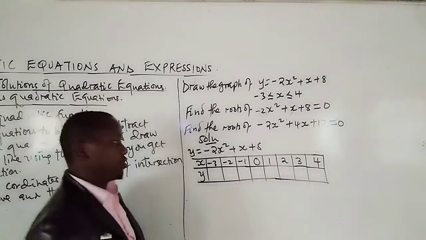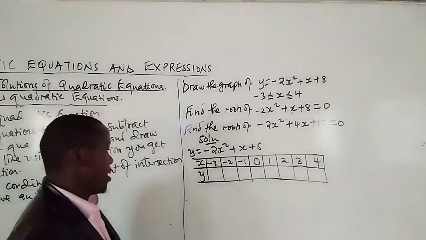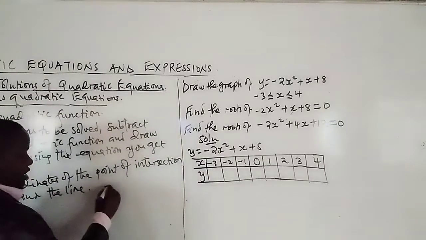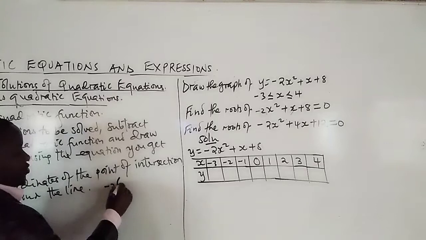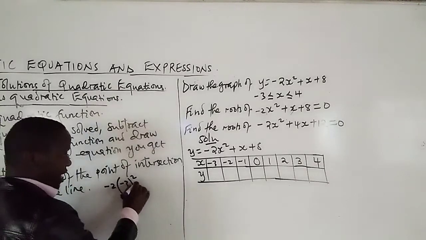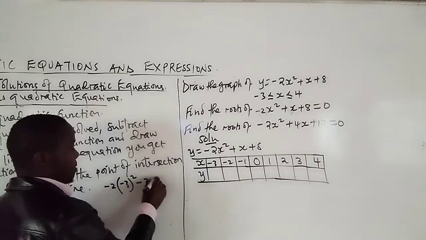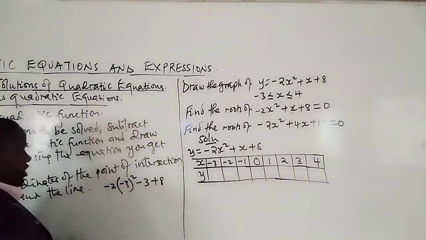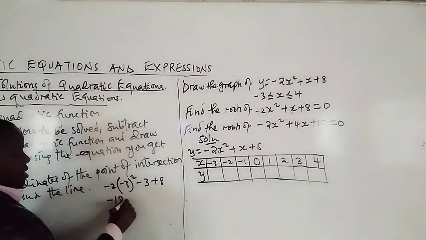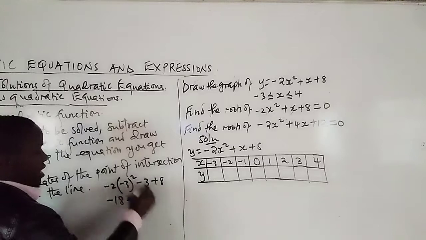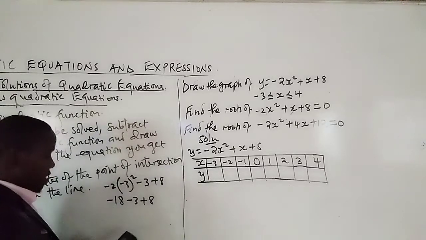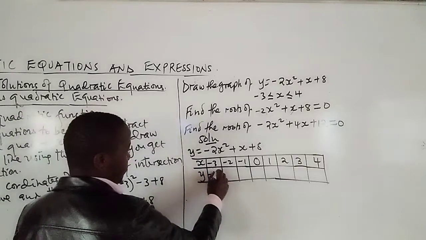So we can get the values of y with those corresponding values of x. Therefore, negative 2 into negative 3 squared, plus negative 3 plus 8. Therefore, we shall have 9 by 2, we get negative 18 minus 3 plus 8. Therefore, negative 21 plus 8, we get negative 13.